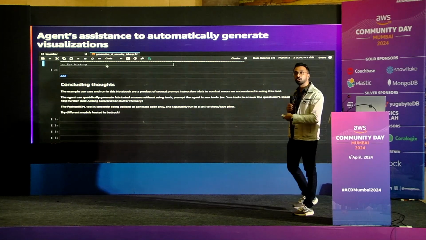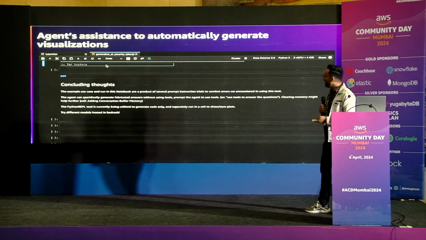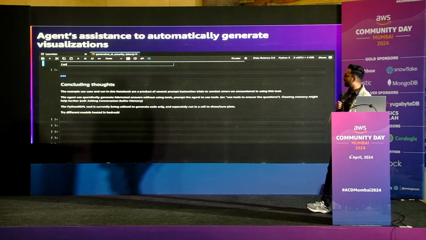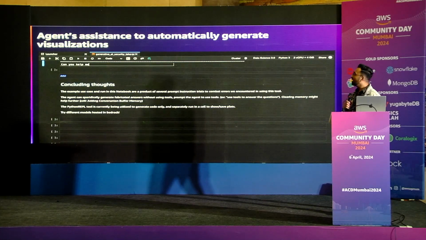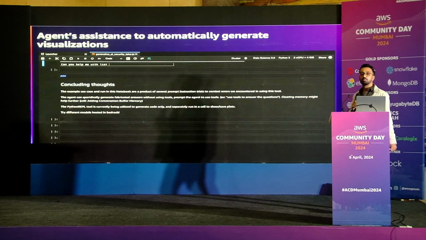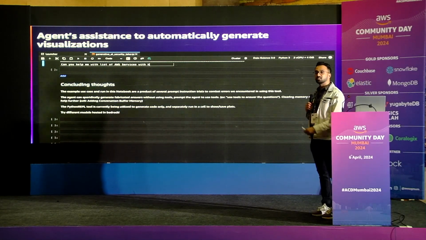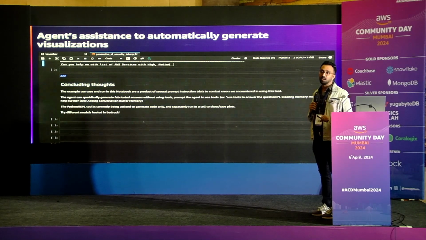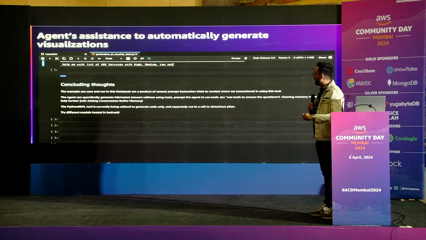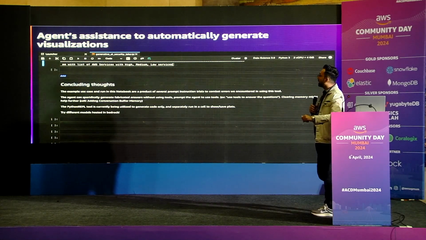And this is what I'm going to do right now in the demonstration, where we are going to fire some queries. For example, we are asking, can you help me with high, medium, low findings across these accounts? And it's going to pull that and show it to me the way I want. So have a look. This is me typing in my Jupyter notebook, and I'm waiting for it to respond.